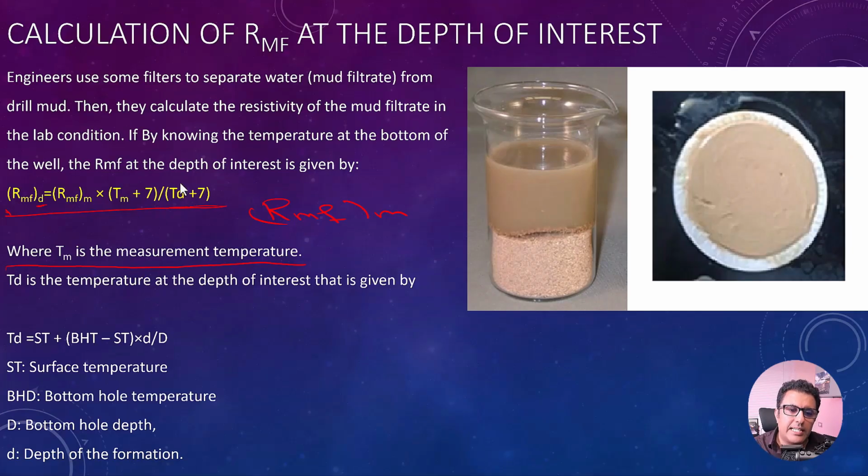Now you may ask me how we can estimate TD, the temperature in the formation, and it is very easy. Usually when we have a logging operation, we have two different temperature measurements. We measure the temperature at the surface, or we call it ST, and also we measure the temperature at the bottom of the borehole.